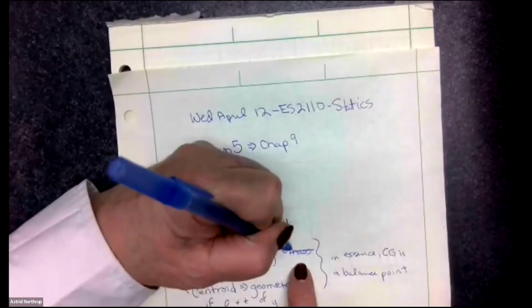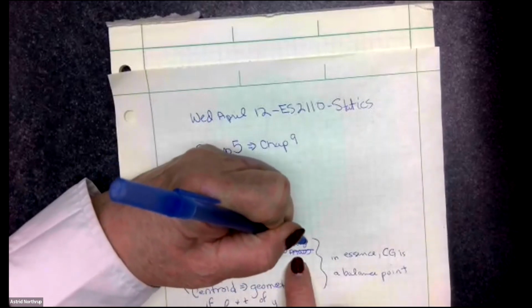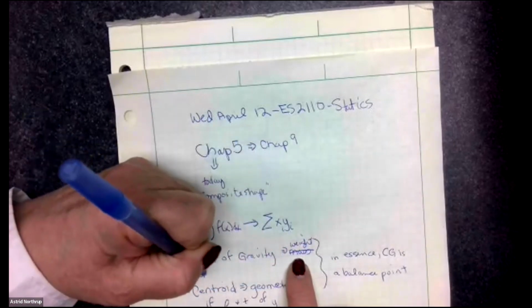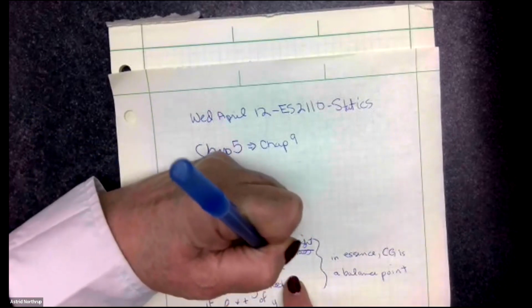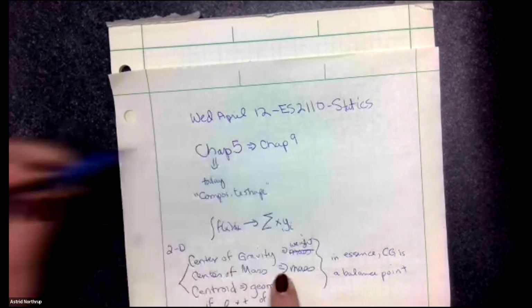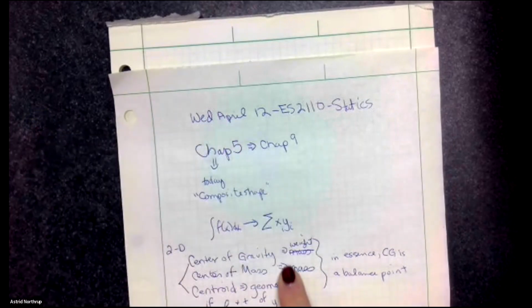I guess I should bring up that term as well. Center of gravity is actually based on weight. Center of mass is based on mass. But as long as we're not changing our gravitational field, as long as we're remaining on Earth, the center of gravity and the center of mass are going to be identical to each other.